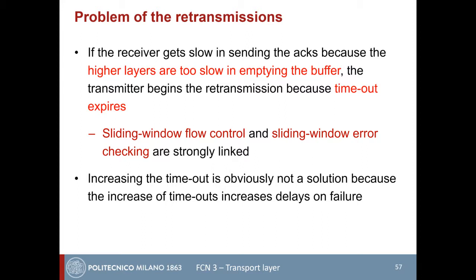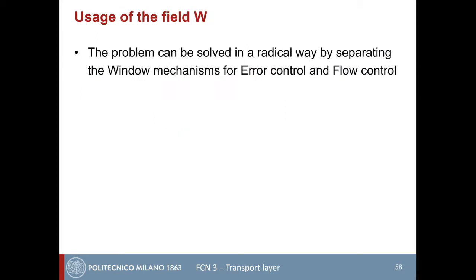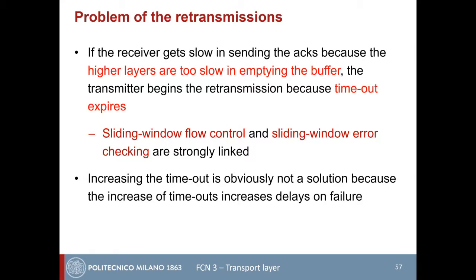We could increase the timeout, but this has a lot of drawbacks as we have already seen, because in case of failure then the sender will wait ages before sending the next packet. Instead, a smarter solution is to exploit the sliding window.